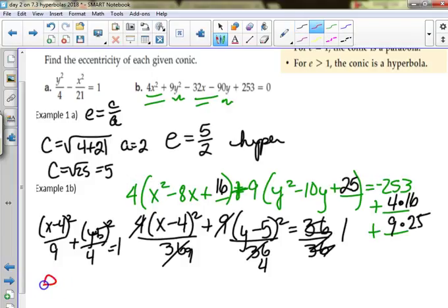it's still c over a, but it should be less than 1, right? What's a? On an ellipse, a is always the bigger number, so a squared is 9, so a is 3. And to find c, remember the way it goes?